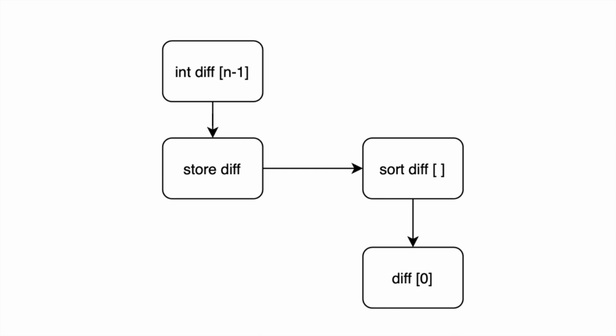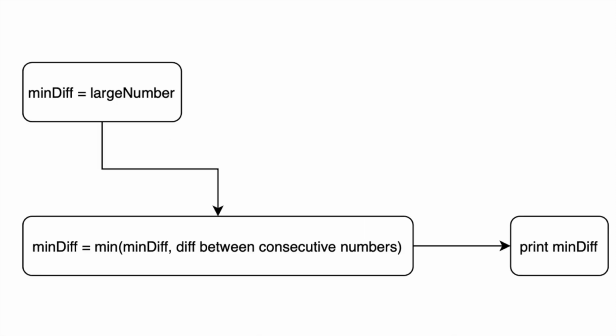Instead of this, I'll be declaring an integer named mindiff, and I'll initialize it to a very large number that can fit in an integer variable. Then in the loop which I'll be running, I'll be comparing the minimum value calculated so far and the difference between consecutive numbers, and in each looping step I'll assign the minimum value to our variable mindiff.